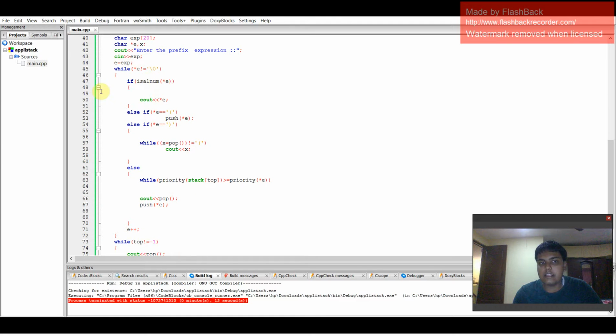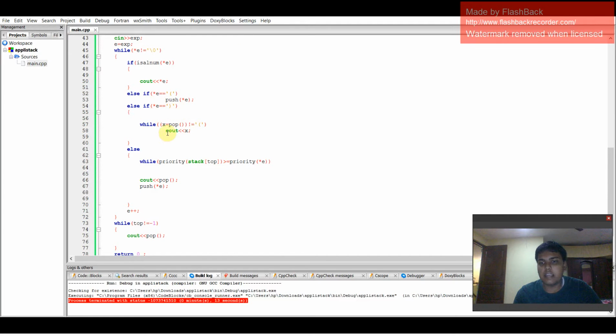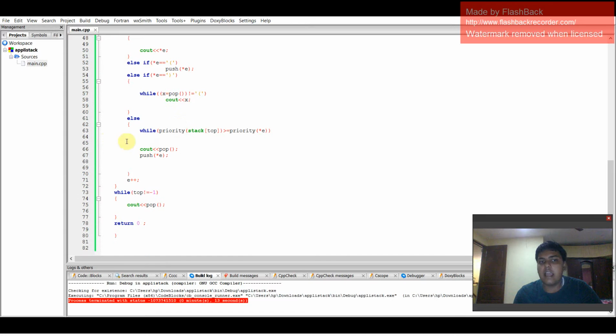All these parts we have discussed in the slides. If it is an alphabet or number, you can take it outside the stack automatically, to the expression. If it is an open bracket, it will go inside the stack. If it is a closed bracket, it will pop out from the stack. Then later come the priority conditions.